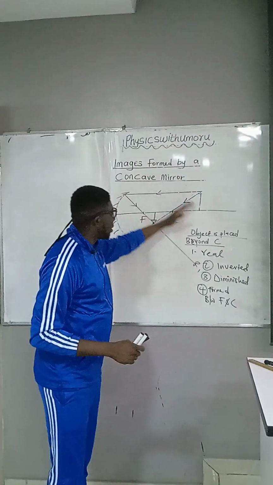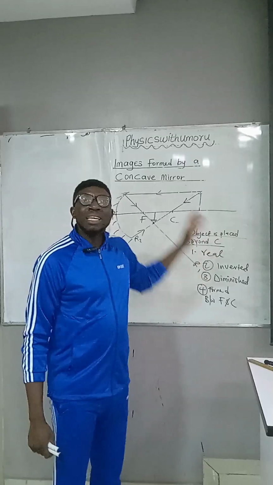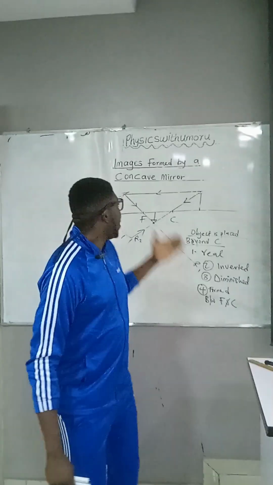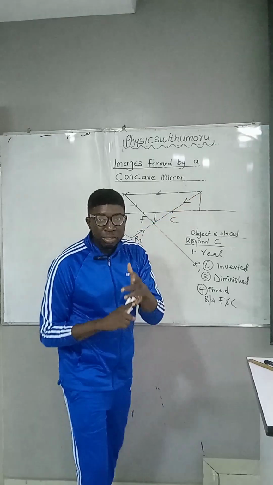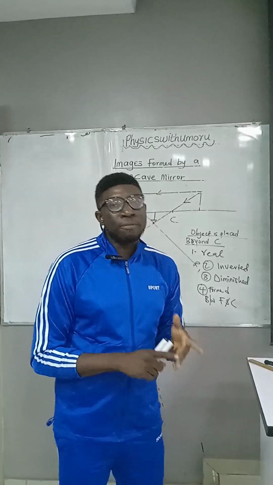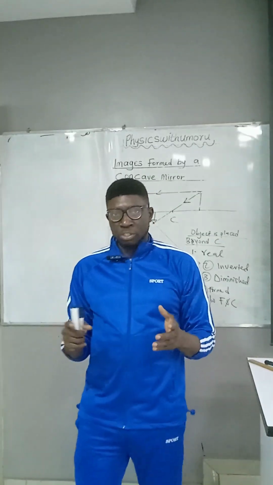So these are the properties of images formed by a concave mirror when the object is placed beyond the center of curvature. The image is real, the image is inverted, the image is diminished and formed between the principal focus and the center of curvature.